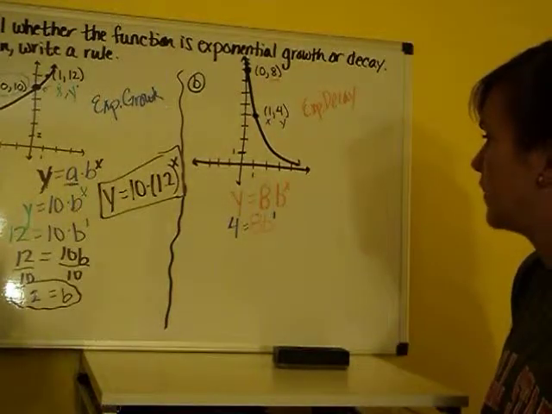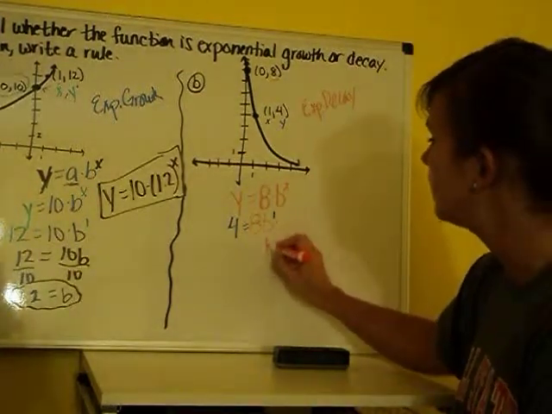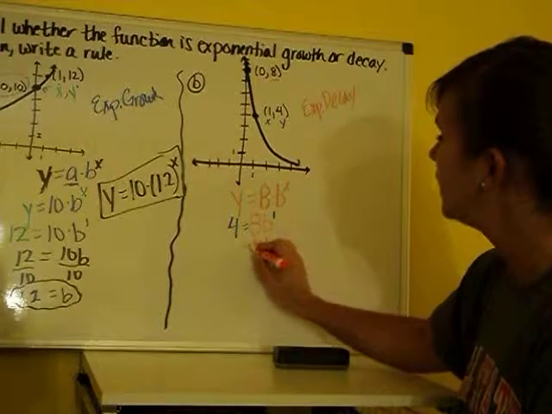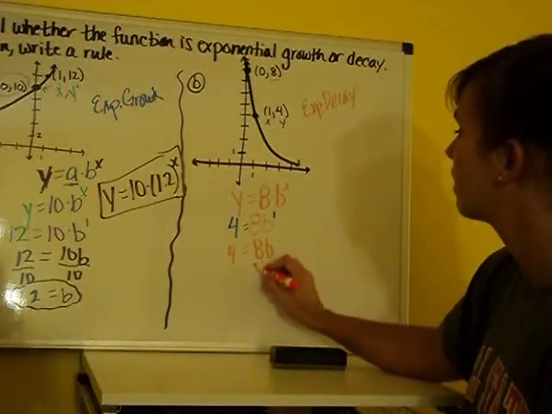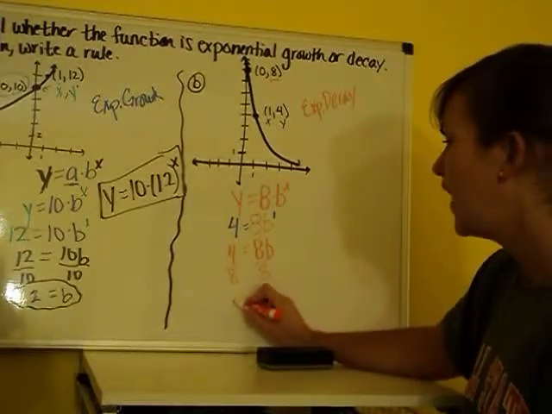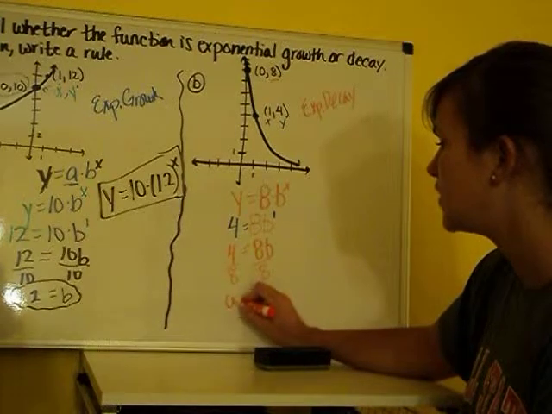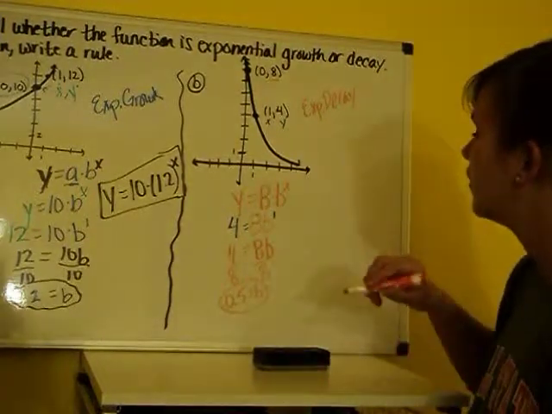Solving this problem, b to the first power is b, so I'm going to have 8b equals 4. Divide by 8. 4/8 is 1/2, or 0.5. And that's my b.